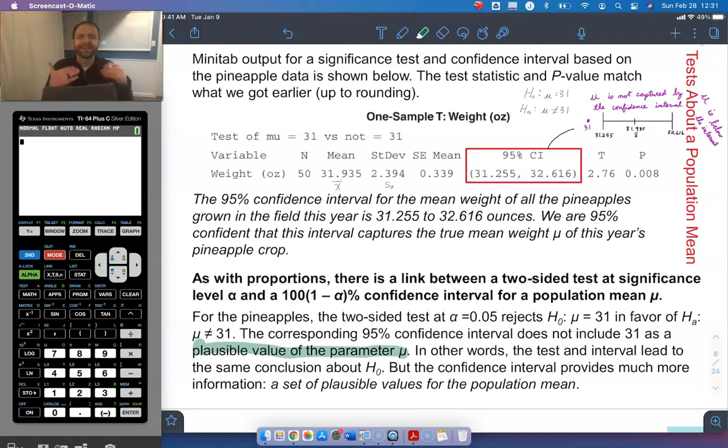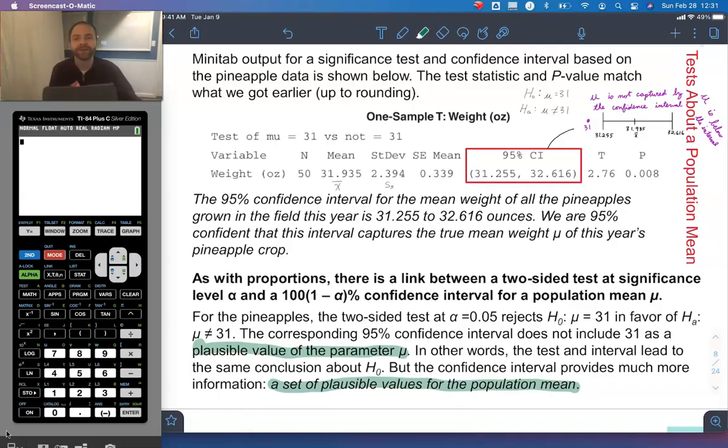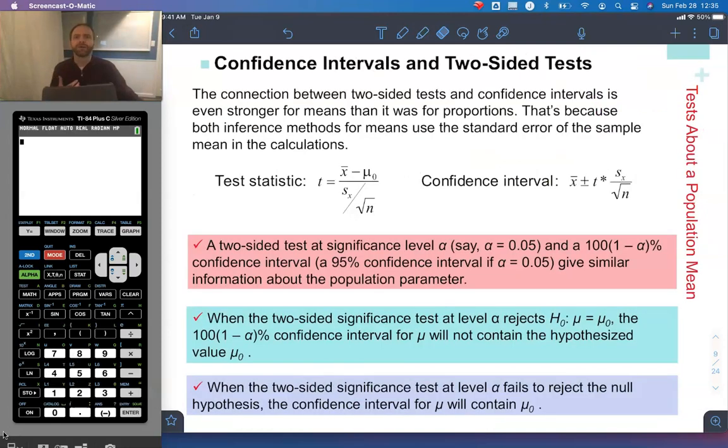In other words, the test and the interval lead to the same conclusion about the null. The test rejected. The confidence interval did not capture it. Same conclusion. But the confidence interval gave us more information because it gave us a set of plausible values about the population mean. So how are they connected?